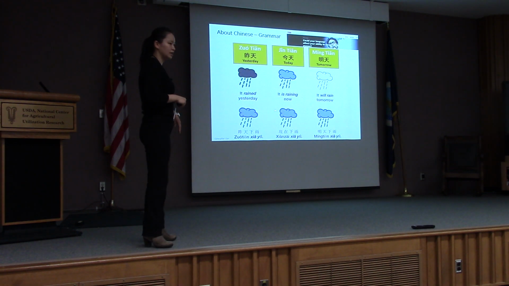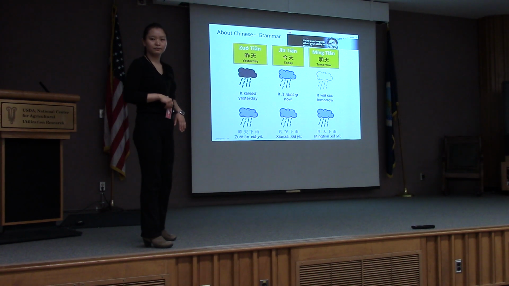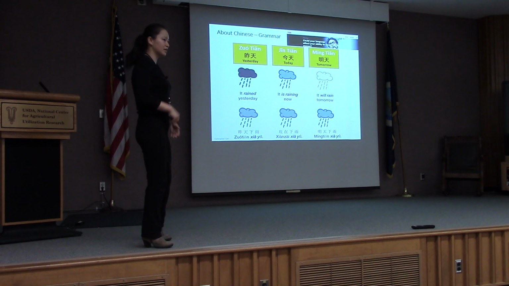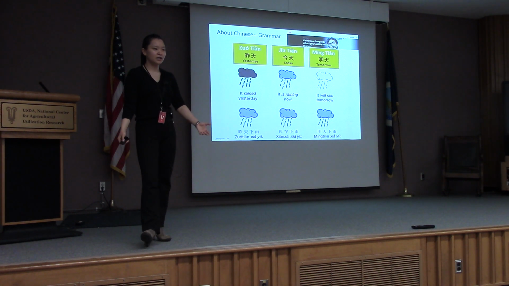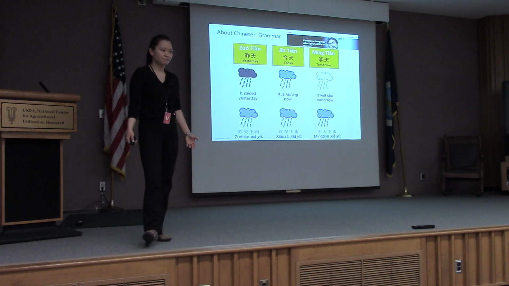We say, yesterday it rained, now it's raining. In future tense, it will rain. But for Chinese, it's like, it rain yesterday, it rain now, it rain tomorrow. What is the difference?